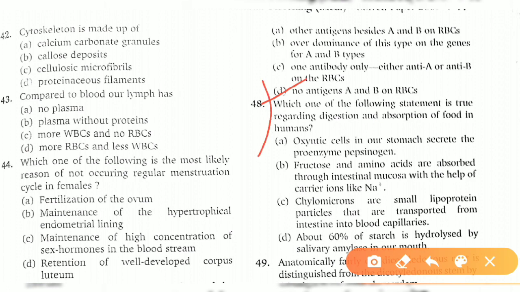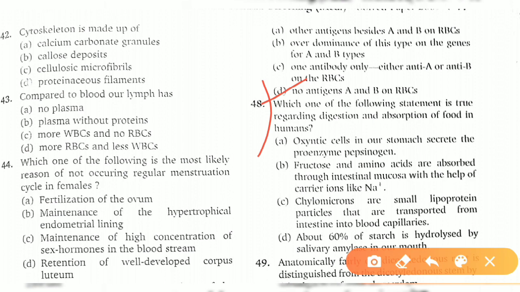Now 48th. Which one of the following statements is true regarding digestion and absorption of food in humans? Options are: oxyntic cells in our stomach secrete the proenzyme pepsinogen. Fructose and amino acids are absorbed through intestinal mucosa with the help of carriers like Na+.